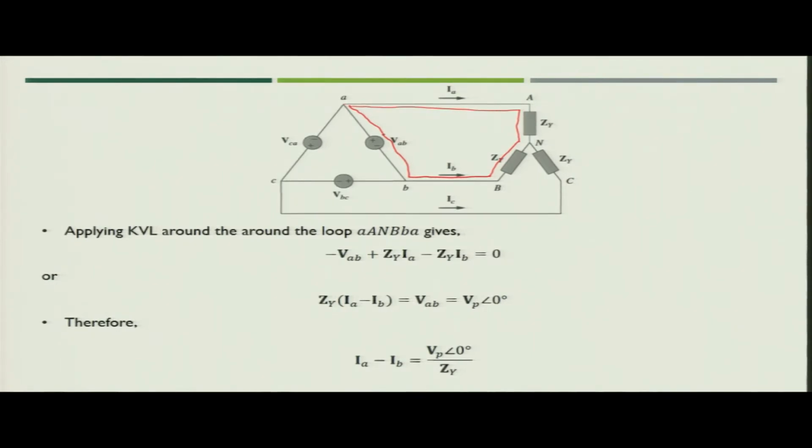Starting with B, we write minus VAB, then Zy into IA minus Zy into IB equal to 0. Rearranging, Zy into (IA minus IB) equals VAB, which we write as VP angle 0 degree, or IA minus IB is equal to VP angle 0 degree divided by Zy.